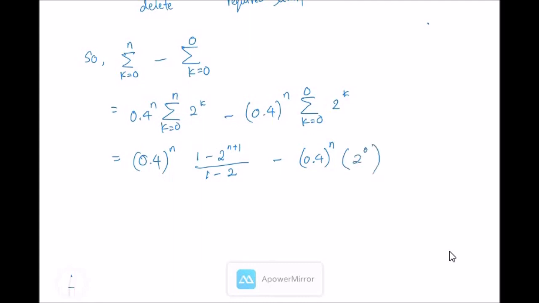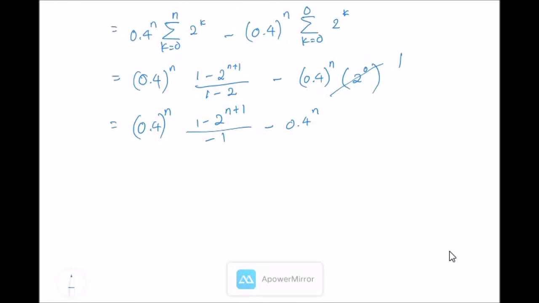So 2 power of 0, you get 1. So 0.4 power of n, times (1 minus 2 power of n plus 1) divided by minus 1, and then minus 0.4 power of n.